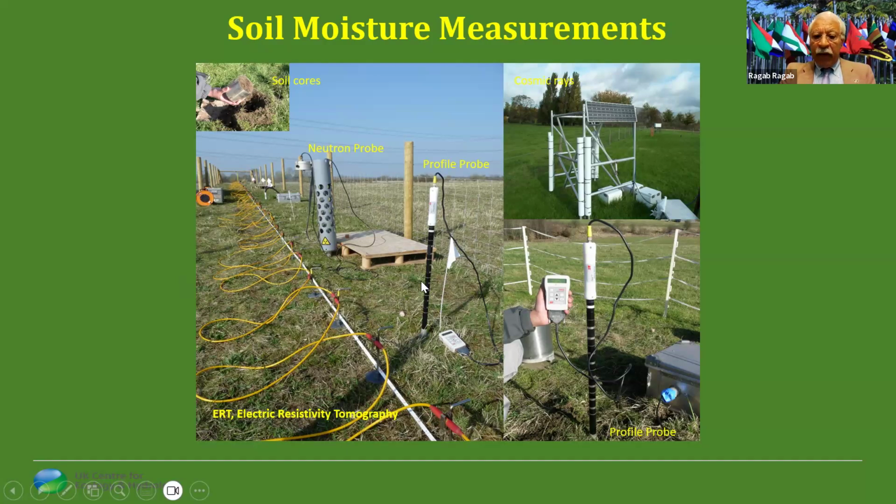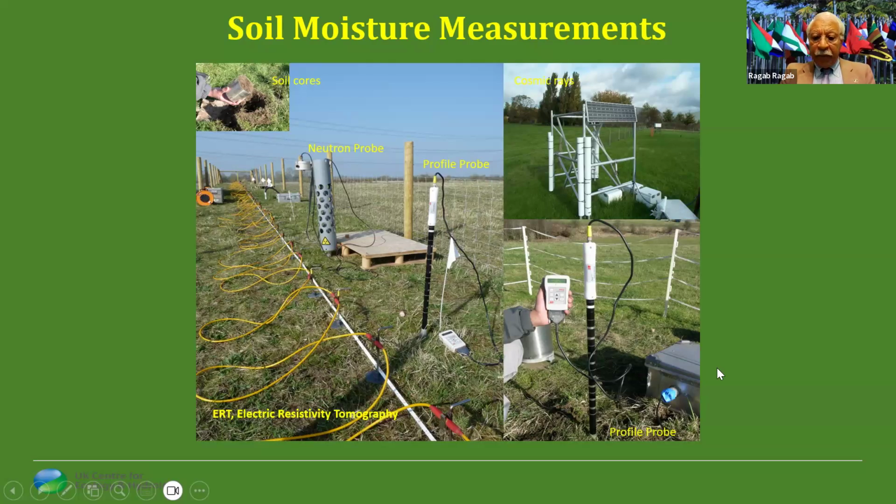So we started to look at other technologies. One of them is ERT, electrical resistivity tomography, which is a transect from one end to the other end. That transect is about 32 meters each. And we could use that to monitor the soil moisture along the transect.